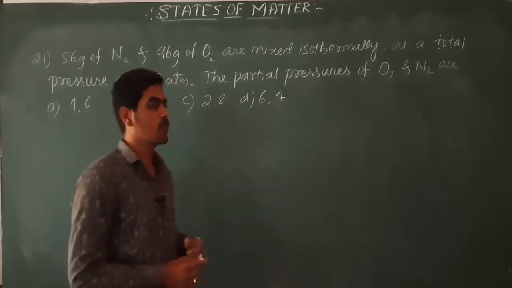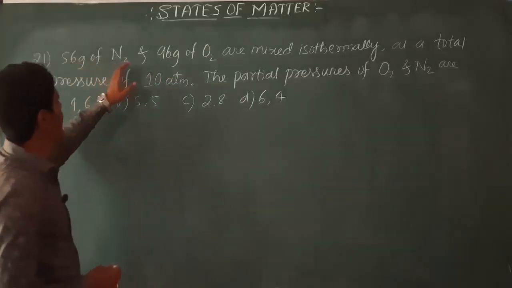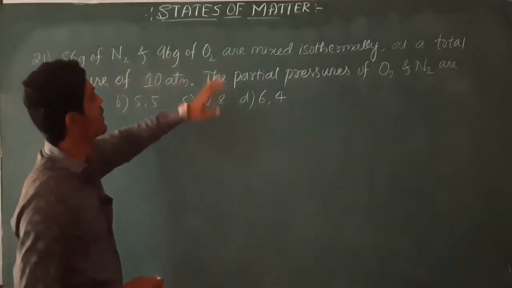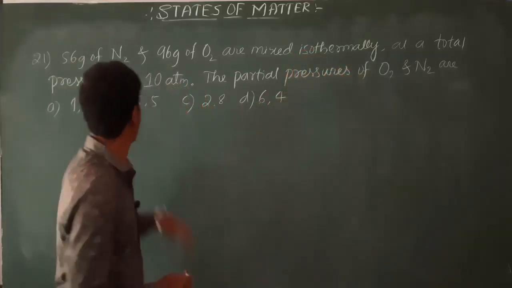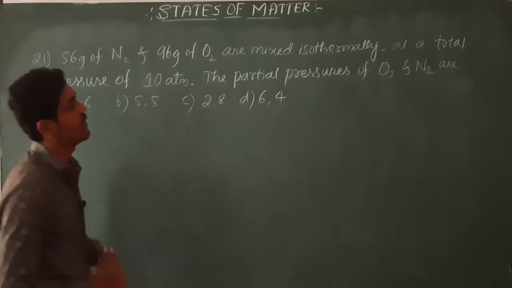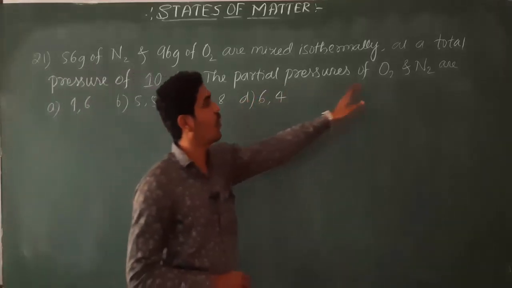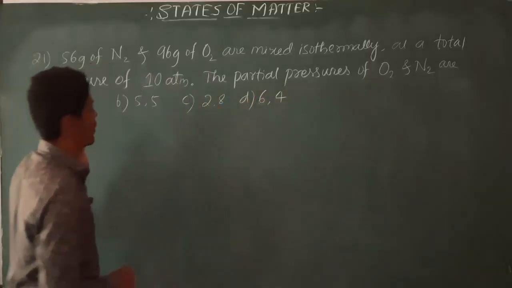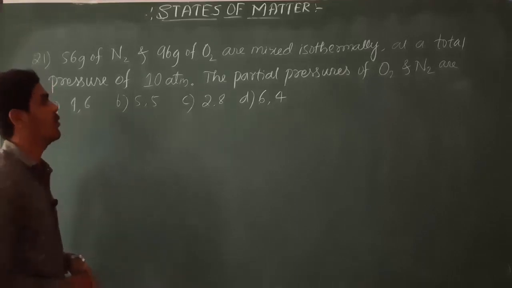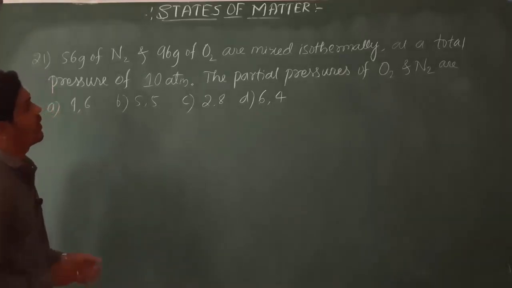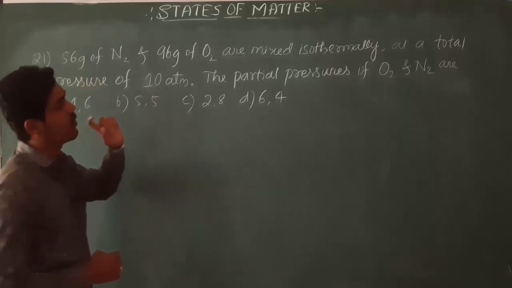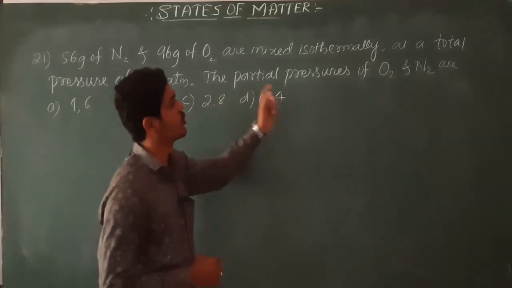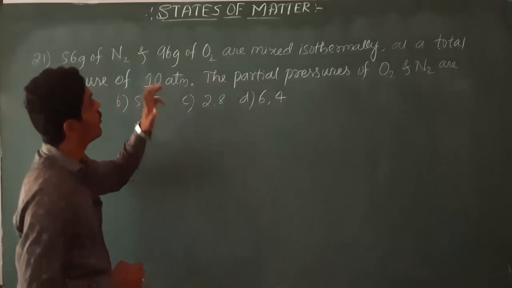The 21st question, 56 gram of nitrogen and 96 gram of oxygen are mixed isothermally at a total pressure of 10 atm. The partial pressures of O2 and N2 are respectively, you have to write. So here, you need to relate the partial pressure and the mole fraction.